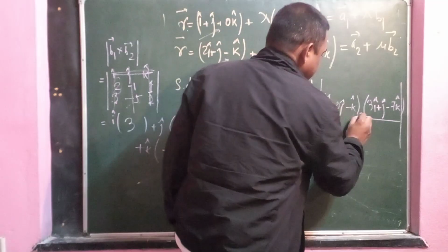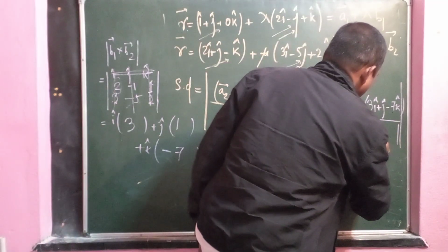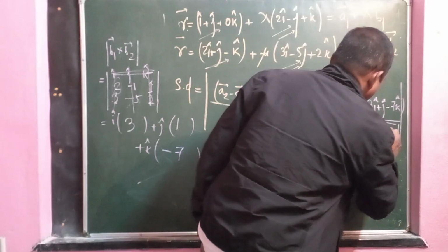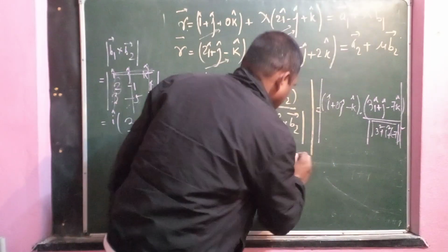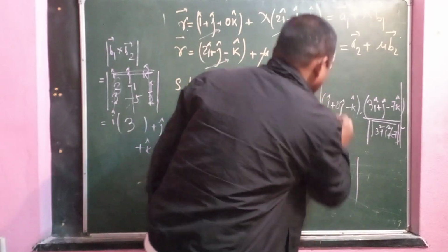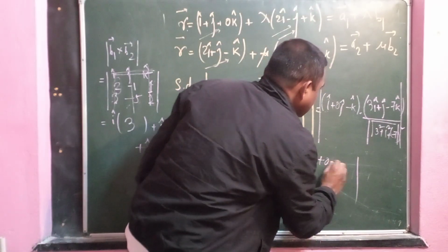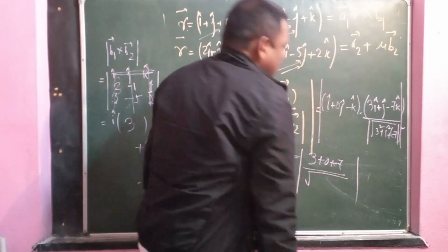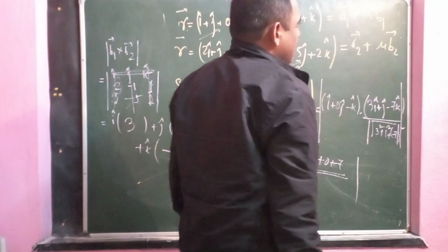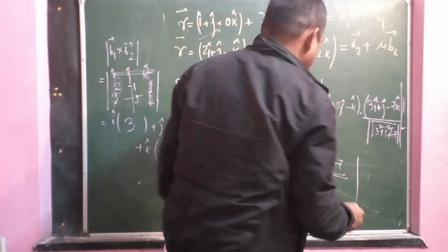Dot product of this A2 minus A1 and this: 3, 0, plus 7, by root over 49 plus 9.